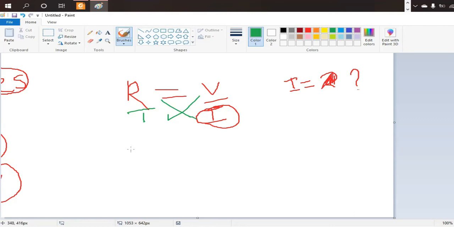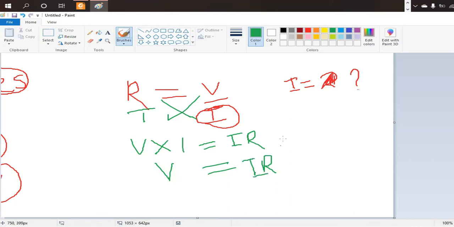This gives V times 1 equals I times R, which is just V equals I R. Now I'm looking for I, so I'm going to divide both sides by R so that I remain with just I. I'll cancel this one, and this one. So I is going to be V over R.